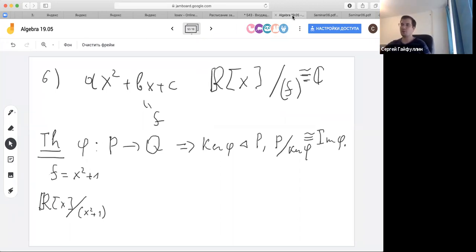We want to use this theorem. So let us discuss this. We have P here, and in the answer we have the factor of this P. So what should P be in our situation?